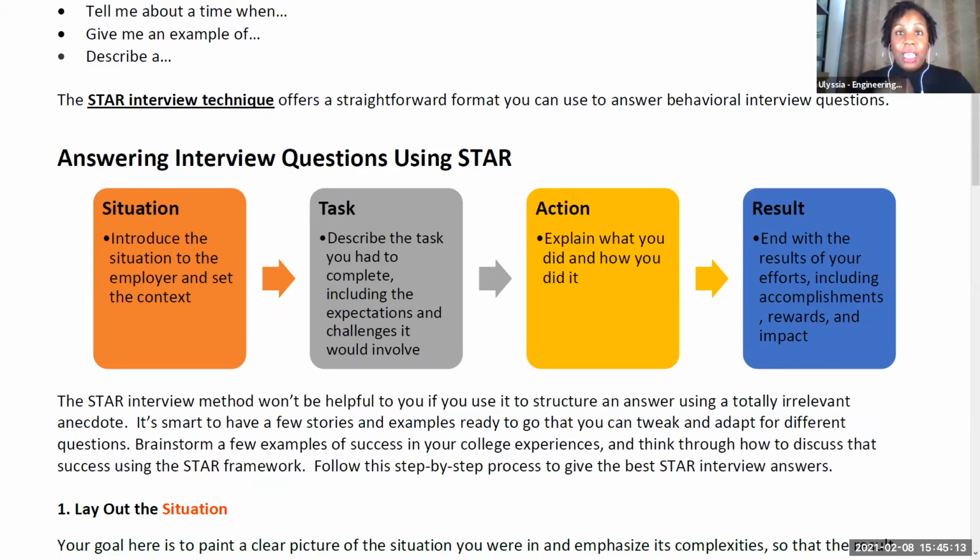The second thing, try to anticipate what types of questions you're going to get asked based on what you see from the job posting. Okay.